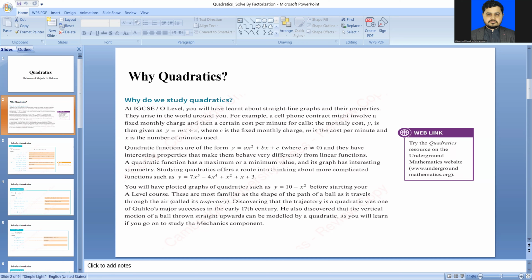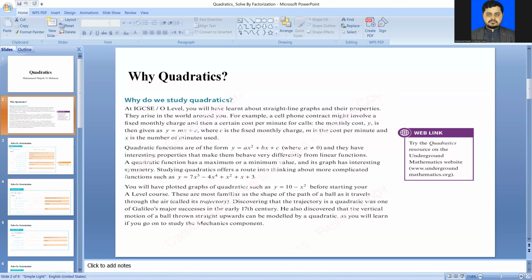So we are going to start our first chapter, Quadratics, and this chapter includes the techniques to solve quadratic equations and quadratic functions.